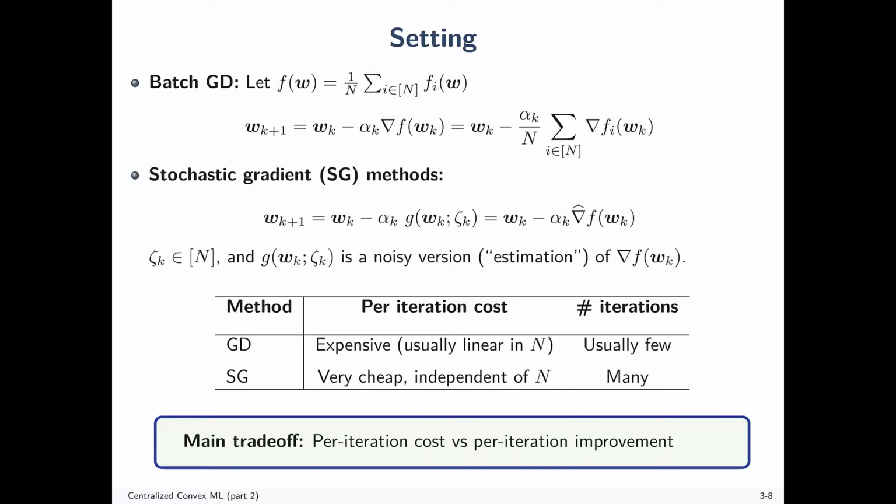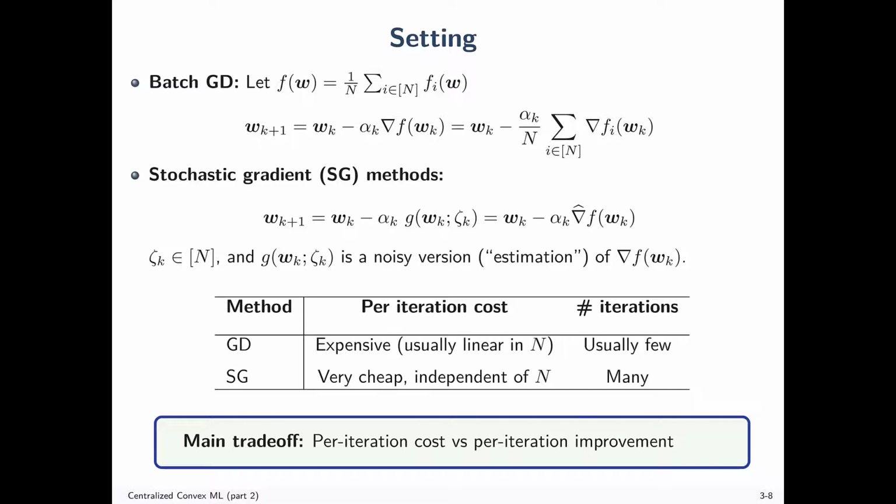In that setup, it just says to randomly pick one of those indices and do this iteration. So w k plus 1 equals w k minus alpha k times some g. Here zeta k is just a random index within the set of n. And this is a noisy version of the actual gradient.